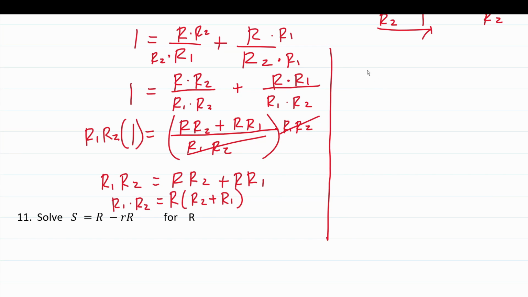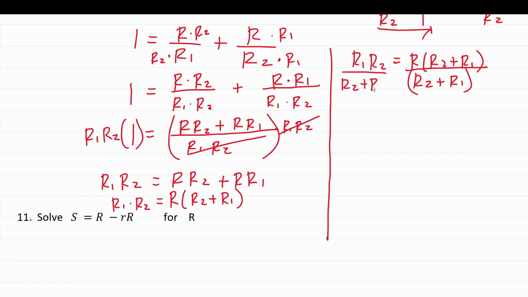And let me go ahead and finish this problem over here. Again, I'm just going to copy this over here. We have r1 times r2 equals r times r2 plus r1. Again, we want to solve for r, so we want to get r by itself. So I'm going to divide both sides by this r2 plus r1. This crosses out here, leaving you with just r over here.